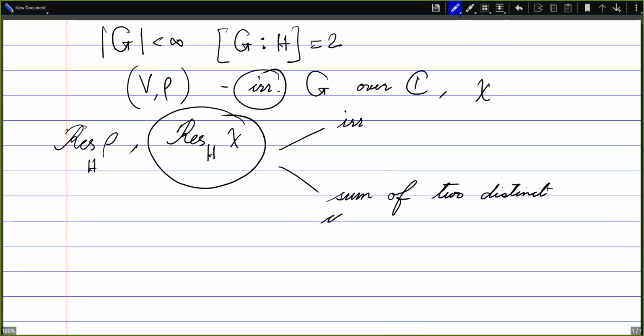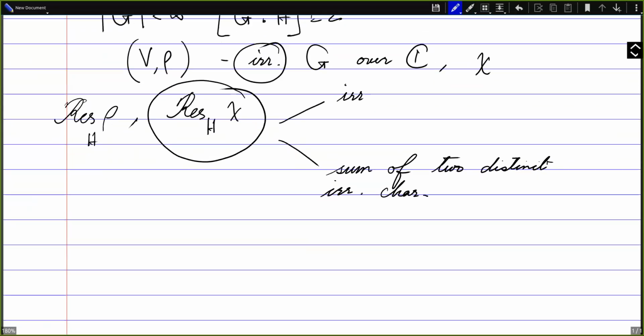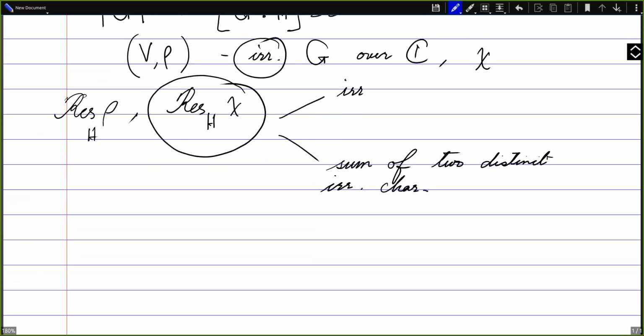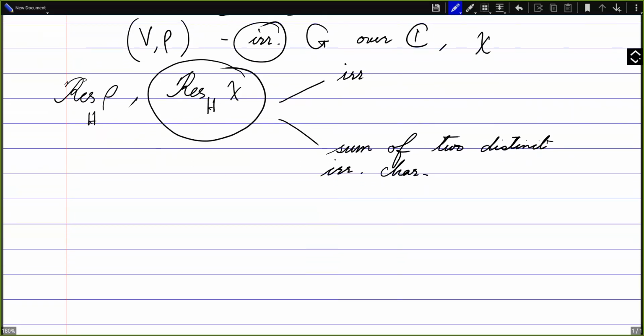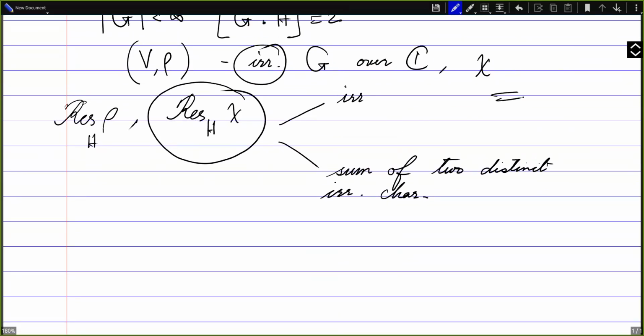All right, so we have only two options. Now we will deal with both the situations one by one.